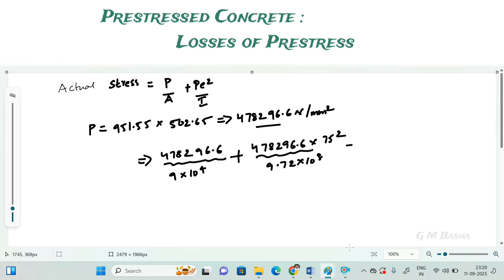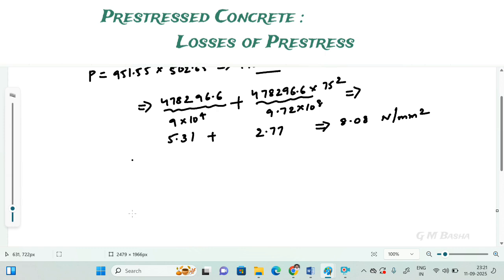So after simplifying, again how much will we get? This one will be 5.31 plus this one will be 2.77. So the total value will be equal to 8.08 Newton per mm square. So this is the way how to find out the actual stress after obtaining the elastic shortening of concrete.